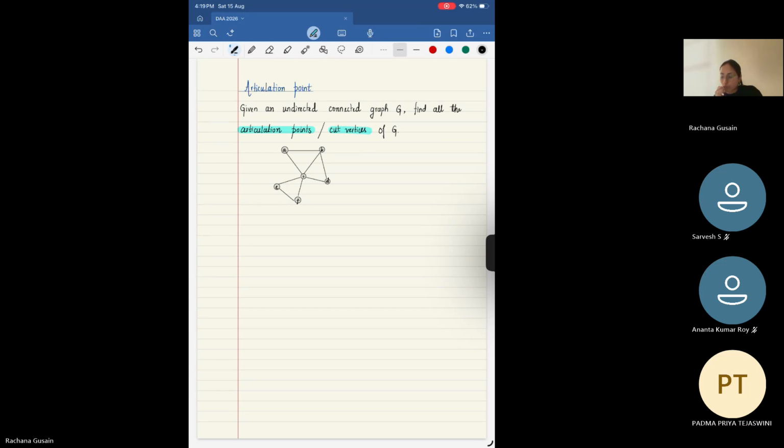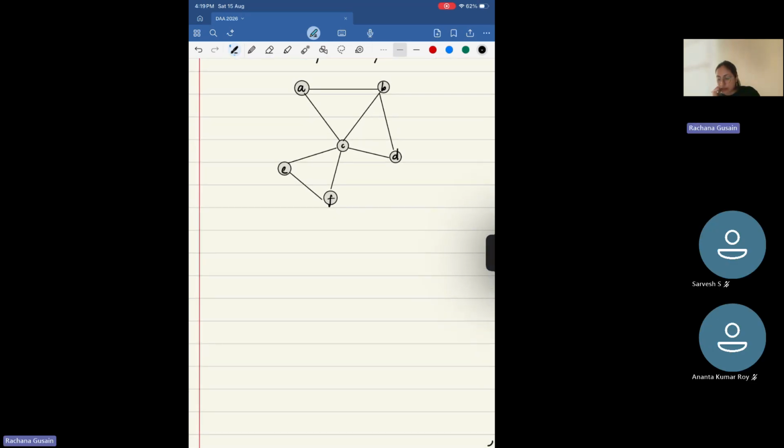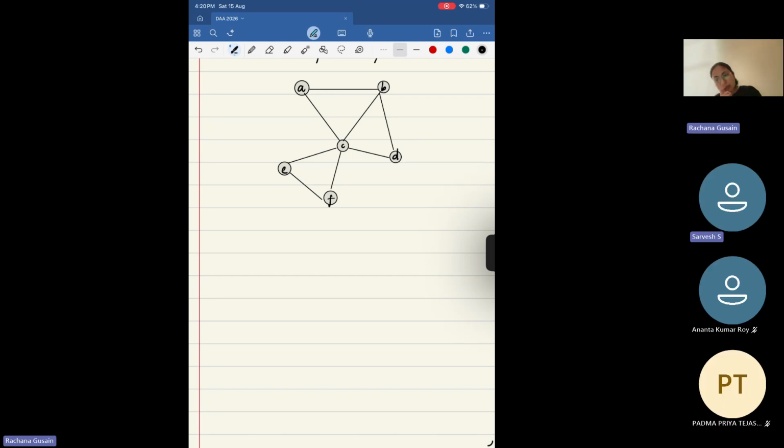Yes, ma'am. Which is the cut vertex? Okay, Anant, is there a cut vertex in this graph? Sarvesh? Ma'am, I think C is a cut vertex, right?